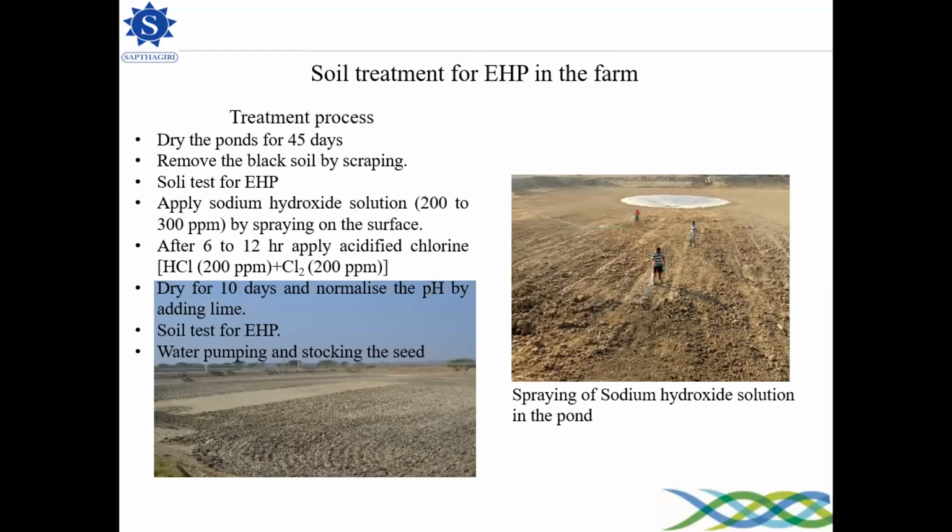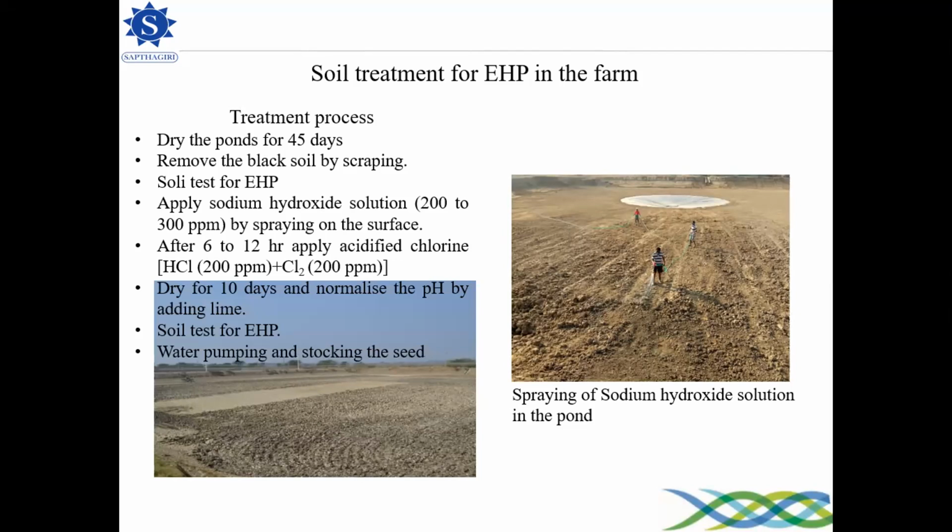After 6 to 12 hours, acidified chlorine, that's 200 ppm hydrochloric acid and 200 ppm chlorine, is mixed together and spread over to bring the pH down to the normal level. After drying, the pH is normalized and the soil is tested for EHP.